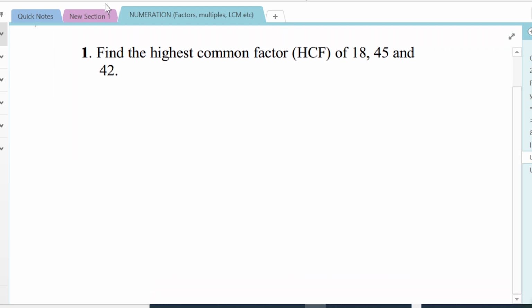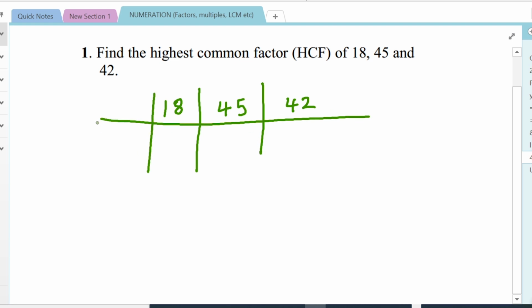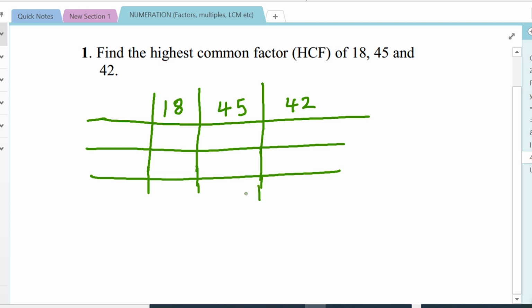So here we are, we have another number here. Find the highest common factor of 18, 45 and 42. So we are doing just like the number we did before, 18, 45 and 42. That's the number we have. So from here, okay, we get started.